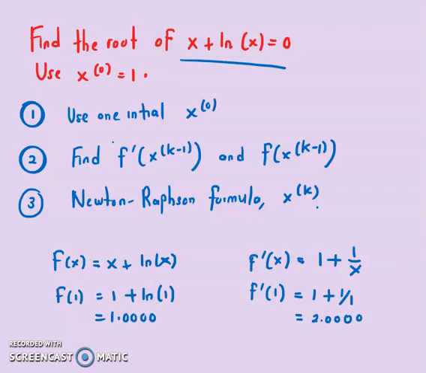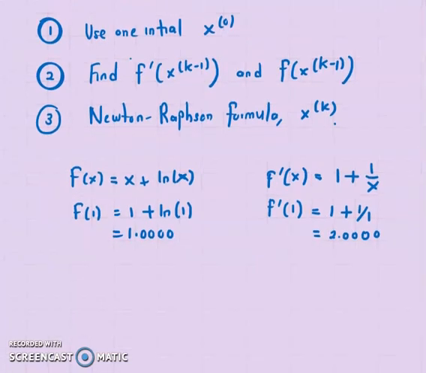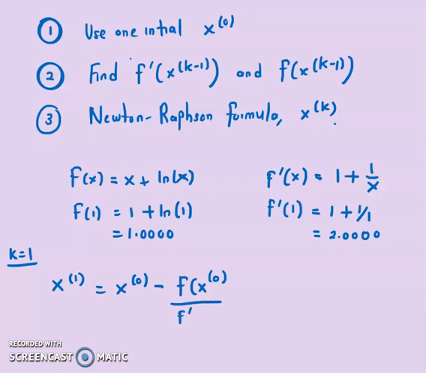Okay, so how do you find the first iteration? My first iteration will be x1, so for k equals 1, x0 minus f of x0 over f prime x0.